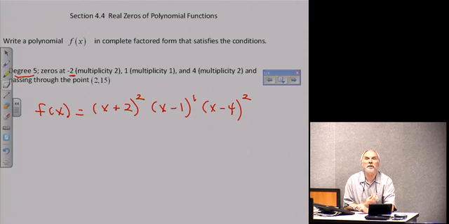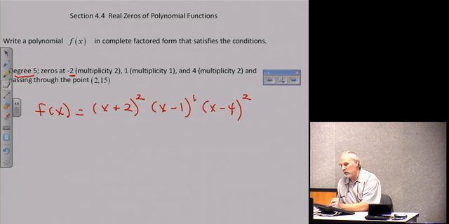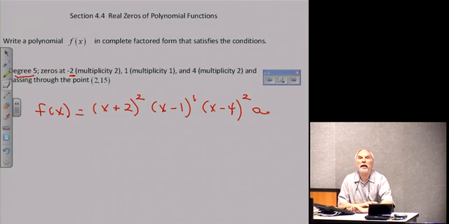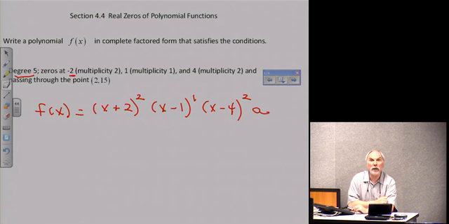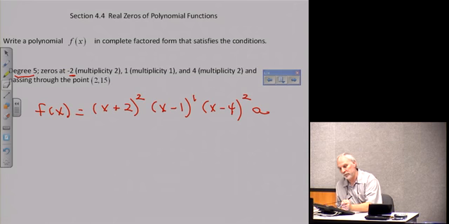Now, there's an infinite number of fifth degree polynomials that have these conditions. And so one of the things that we're going to need to look at is this value of a, its lead coefficient. And that's where that last part of the problem comes in. I tell you that it's passing through the point 2, 15. So we need to solve for a. And the way we're going to solve for a is we're going to plug in the point 2, 15.